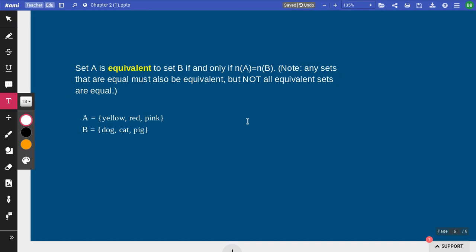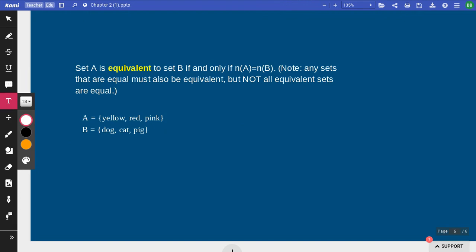The question here is, are these equivalent? We have to make sure we understand what equivalent means. Do we have the same numerical value of elements in each of these sets? We have 3 elements in A and 3 elements in B. Therefore, these are equivalent because they have the same number of elements. These are not equal. They're not the same exact elements in each of these.